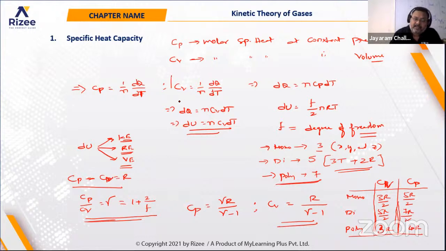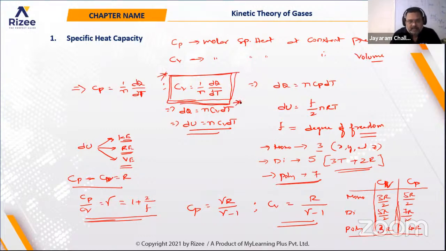your specific heat value, the Cv value, remains constant. Please don't take Cv as a constant value. These specific heats are not constants. For example, take helium, a monoatomic gas, at a temperature of some 700 Kelvin: its Cv value remains 3R by 2.